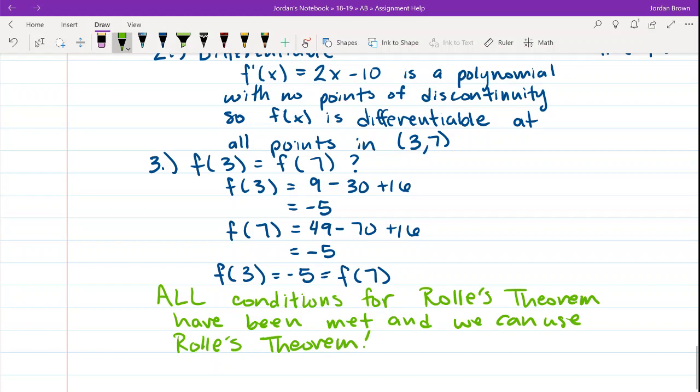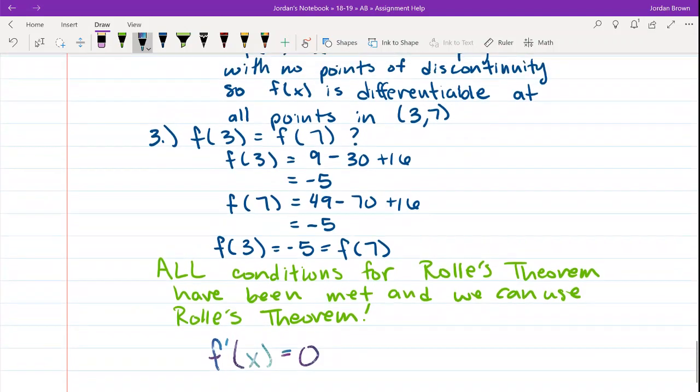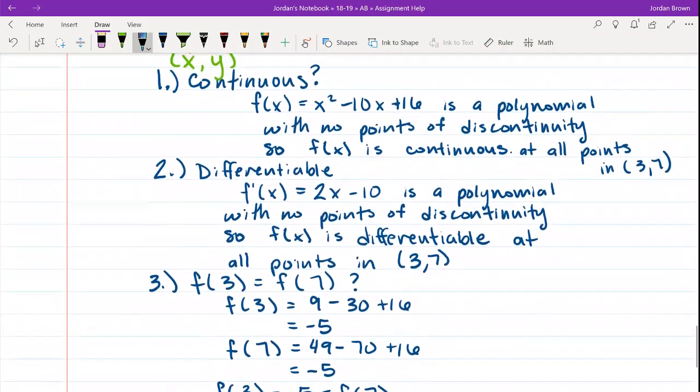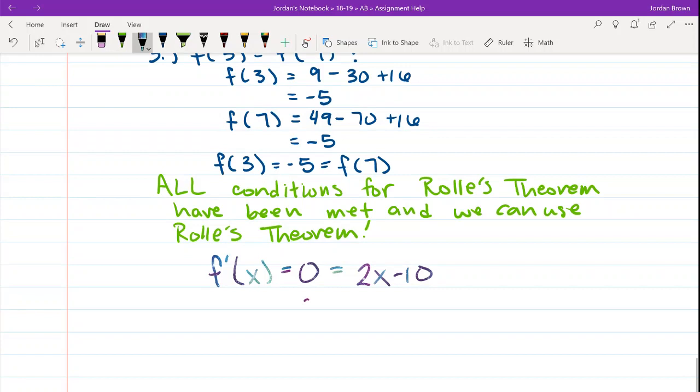Okay? So what Rolle's theorem is going to tell us is that there is some f prime of x that equals 0. It's true, there is one. So we're going to take our derivative function, which was 2x minus 10, and solve it for when it's equal to 0.